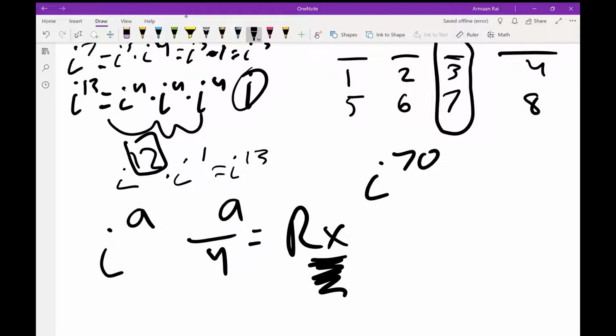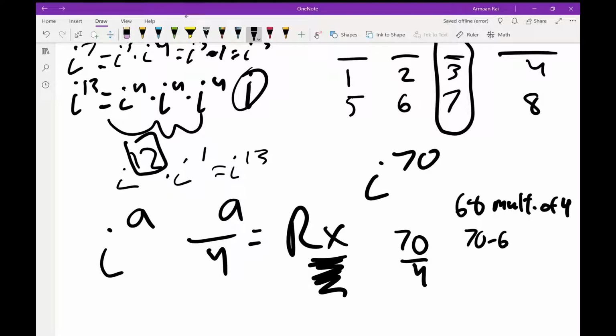Let's take 70 over 4, and we know that 68 is a multiple of 4. What's 70 minus 68? That's 2. So we get 17 with a remainder of 2. We take this remainder of 2, and that's what we raise i to. That's negative 1.